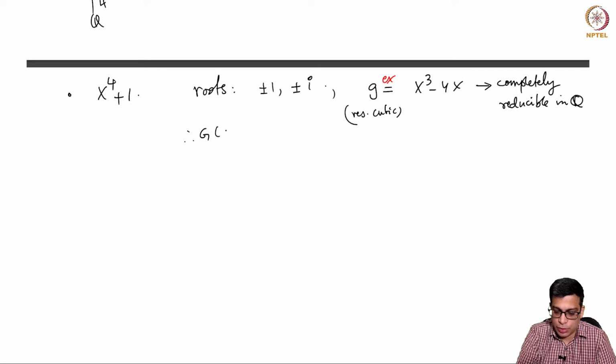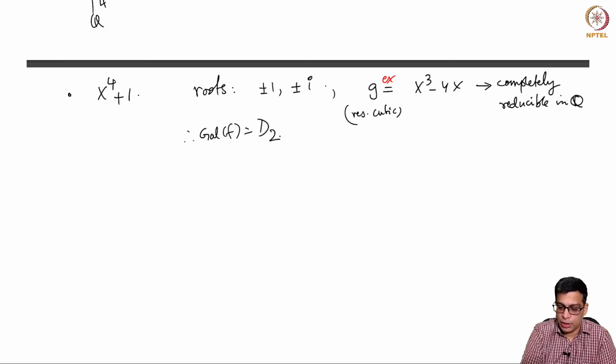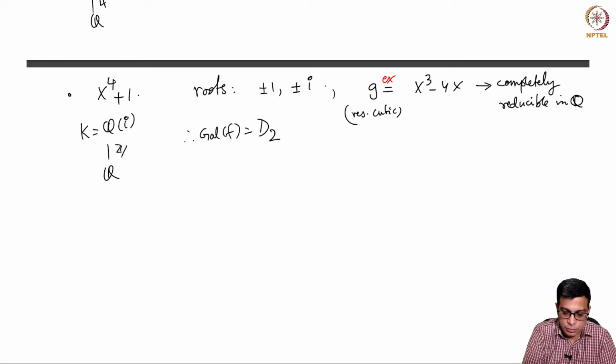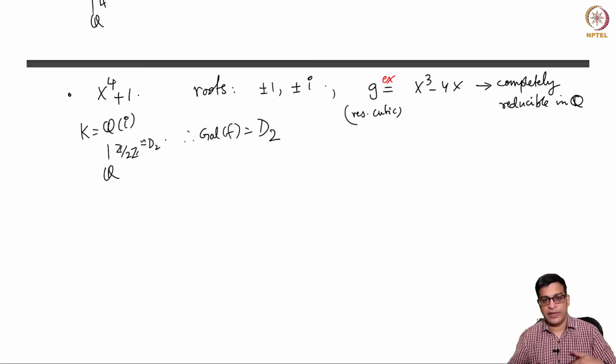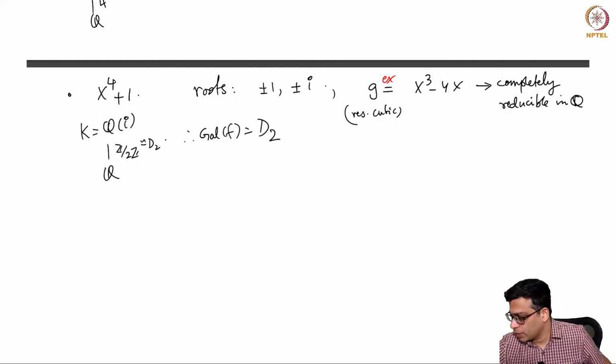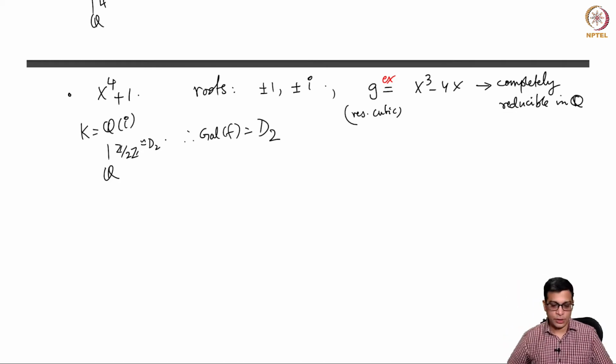So the Galois group is D2 here, but of course we know that already because the splitting field is Q(i). Okay, so this is just revisiting a well-known example with something that we already know.